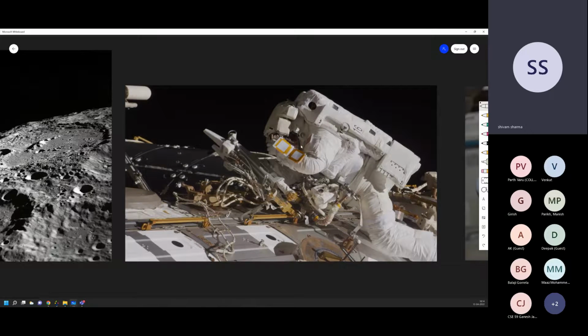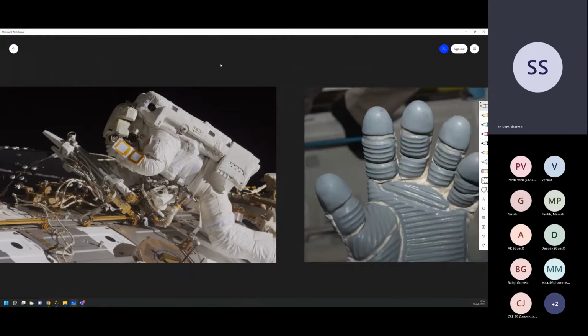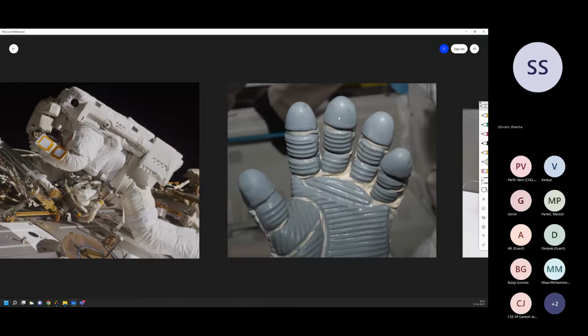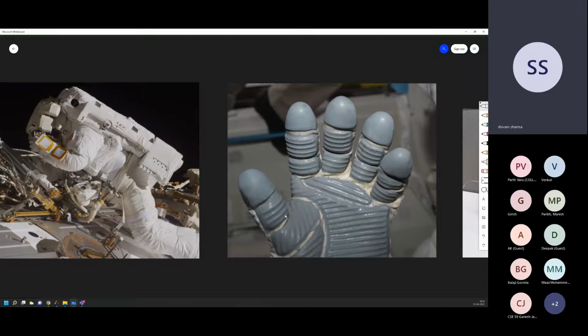If you check the suit which they have, I just want to show you a couple of things. You look at this. This is the outer surface of the glove which this astronaut is wearing right now. This glove is made of 5 layers. The outer layer is made out of rubber, and this is the layer which is supposed to be taking all the hits.